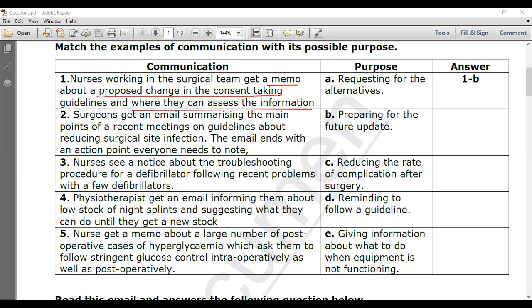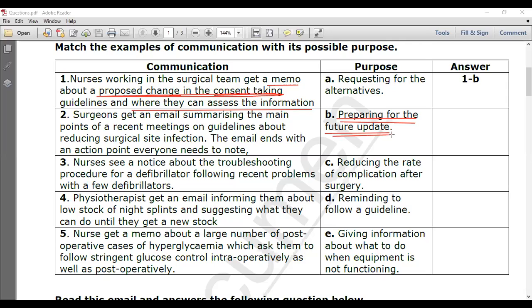So there has been a change in the consent taking, and that is why the memo is being sent. I've done this already for you. It is to prepare them for a future update, because now there has been a change in the guideline, the procedure of taking consent from the patient has been changed in a certain way. So this memo is preparing the staff for future change.